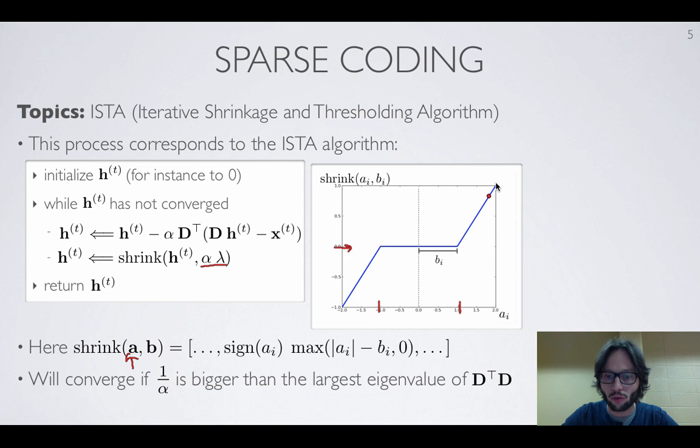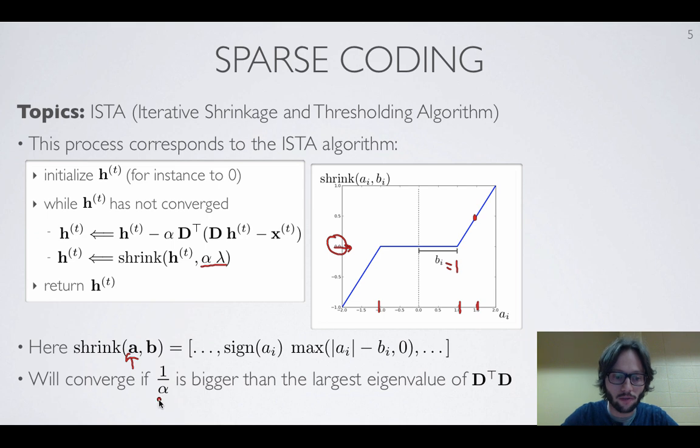And otherwise, it's going to grow linearly. So notice that at 1.5, the output value is 0.5. That's for b_i equal to 1. So it shrank towards zero by subtracting 1. And if subtracting 1 would have changed the sign of the element, it just outputs exactly 0.